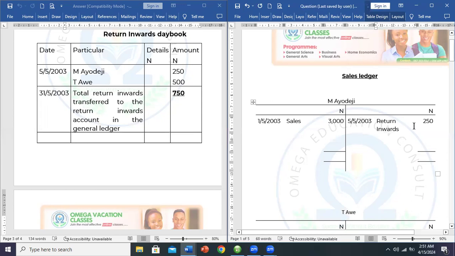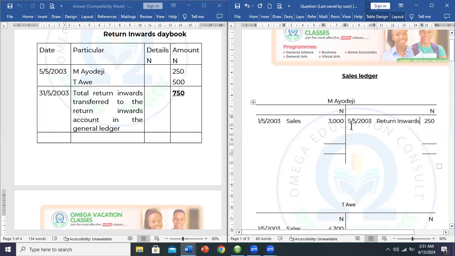So if you get confused, always remember that when you sell to the person, you debit him or her. So if the person is returning some of the goods, you have to credit. Then we go to T. Aware. So T. Aware is also in the sales ledger or debtors ledger.